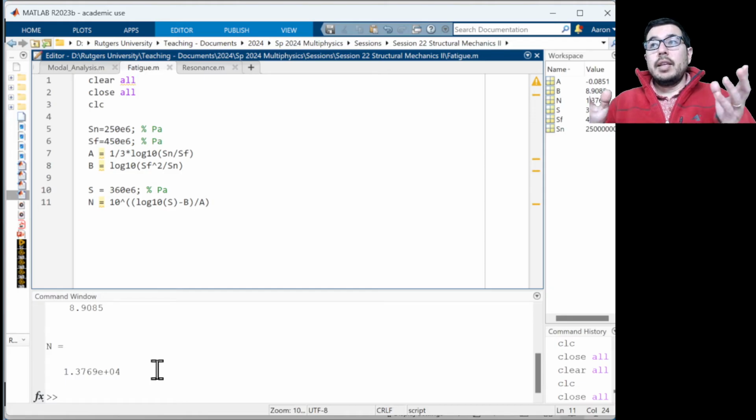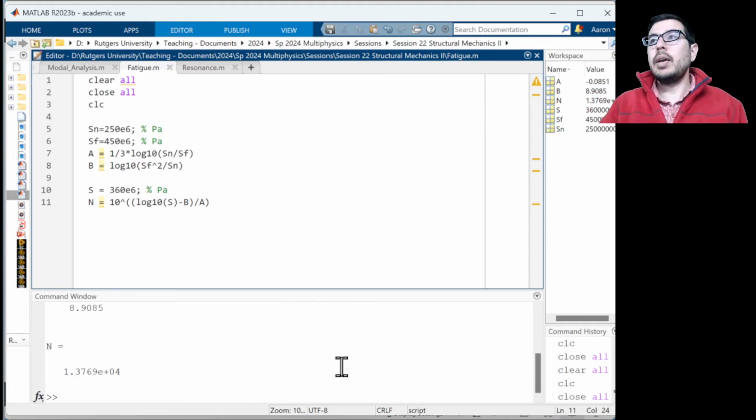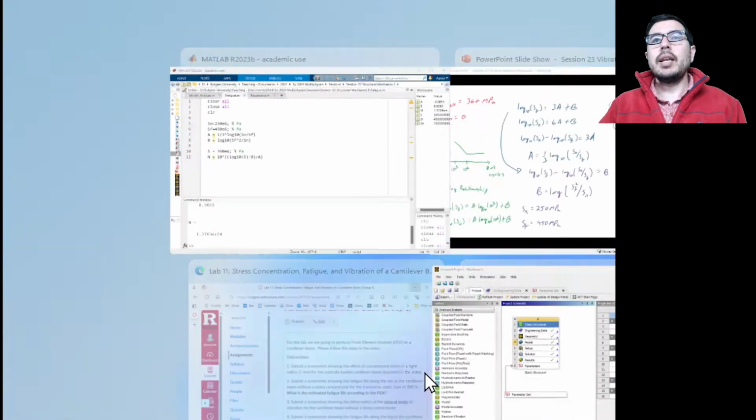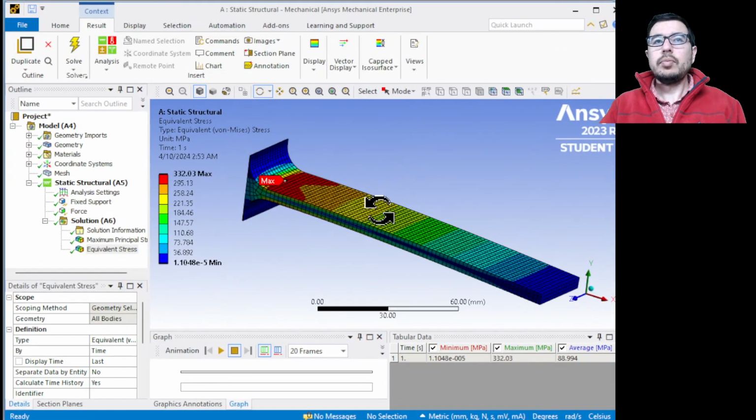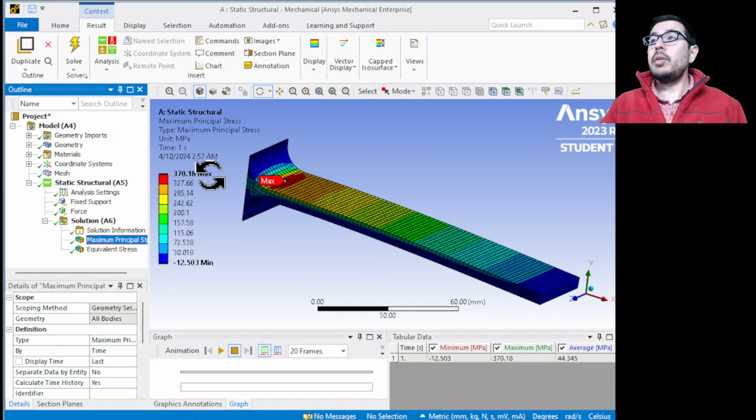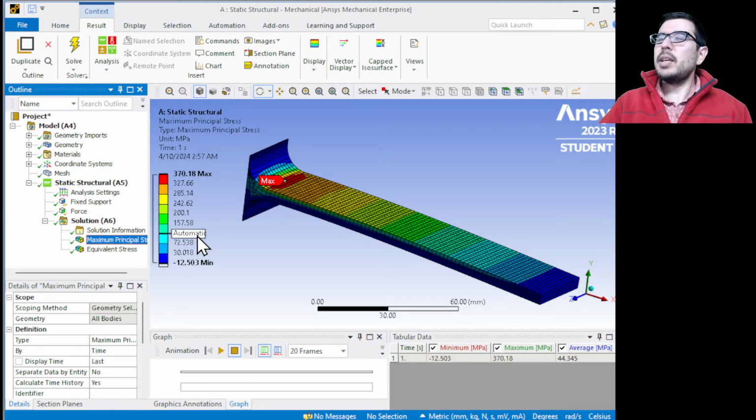That's great. That's fine. If I were doing this just as a back of the envelope calculation, we would be at 14,000. Now, if we look at what we got in Ansys, though, we got an equivalent stress of 330 or one of 370. And we think that shouldn't make that big a difference. But does it?